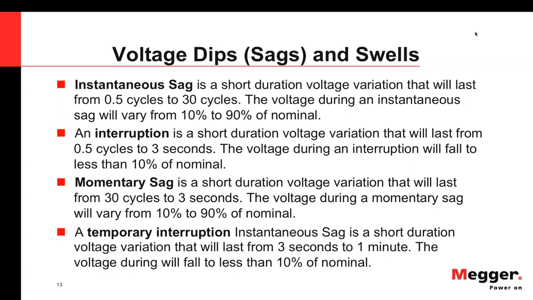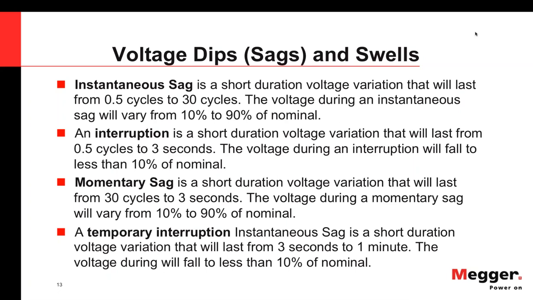Now, we also have an interruption. An interruption will last from 0.5 cycles to 3 seconds, and the voltage will fall to below 10% of nominal. We also have what's referred to as momentary sags.